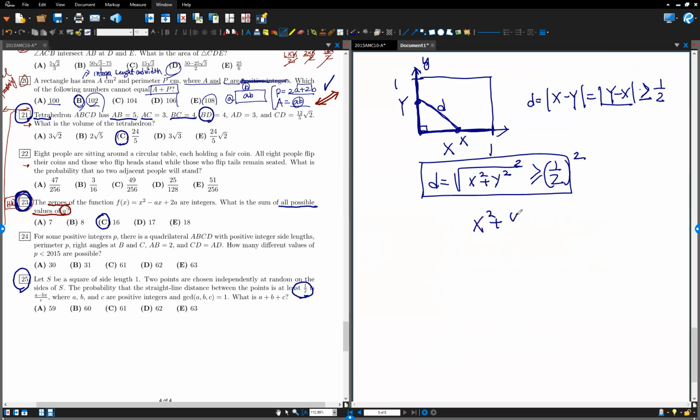X squared plus y squared is greater than or equal to 1/4, isn't it? Actually, what is this? Circle, right? Center is over here. Radius is what? This is r squared, radius is 1/2, right? That's a circle, 1/2 circle. Choose this one.